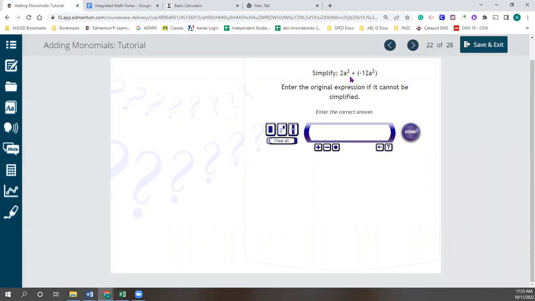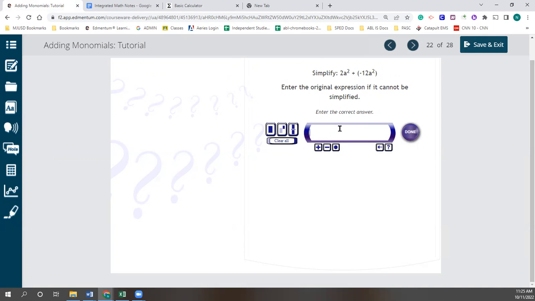All right, 2a squared plus -12a squared. Can they be added together? A squared and a squared are the same and raised to the same power, so yes. If it couldn't be, then I would just type this in.